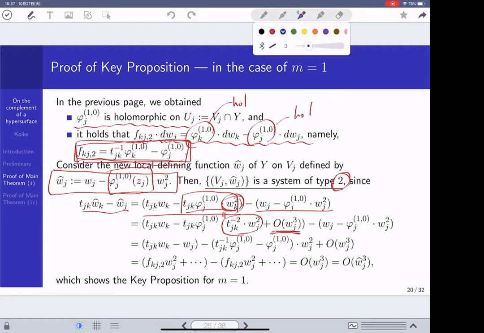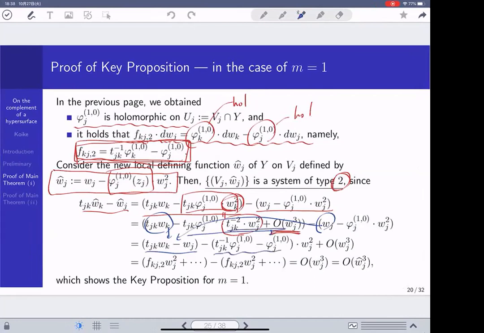And as we saw here, this one starts from phi kj2 wj square, and by definition of phi kj2, the coefficient function, this one also starts from phi kj2 wj square.